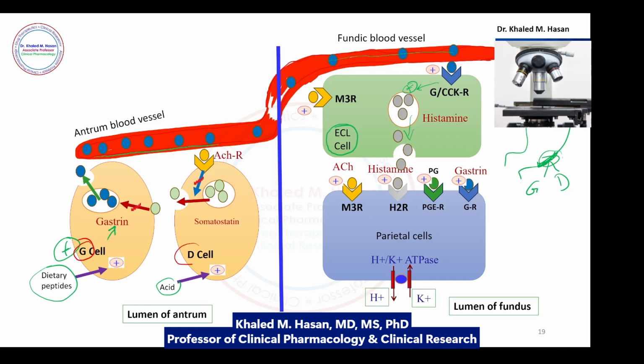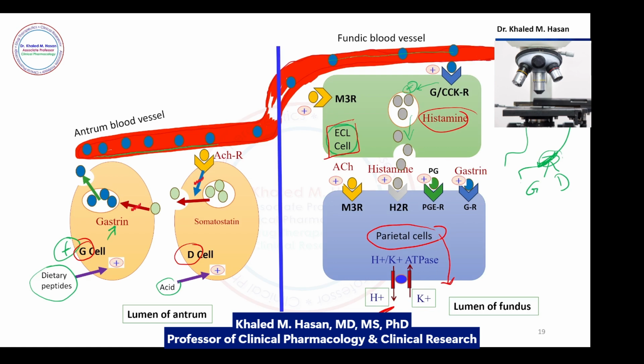D cells produce somatostatin. Enterochromaffin cells produce histamine. And then we have parietal cells, which produce the acid. You can see the proton here. So we have four main cells involved in peptic ulcer disease: G cells, gastrin; D cells, somatostatin; enterochromaffin cells produce histamine; and parietal cells produce the proton.